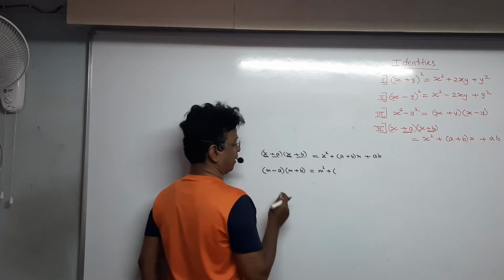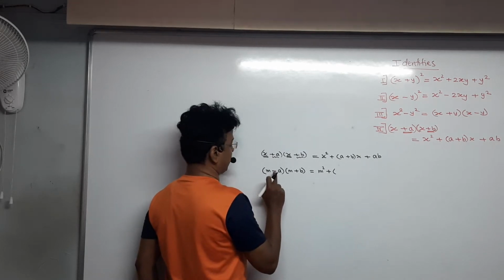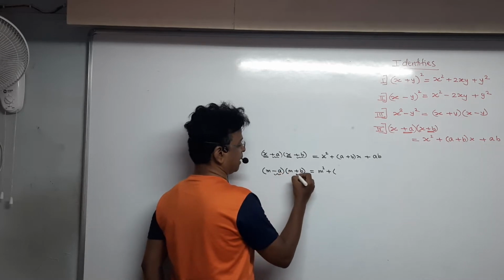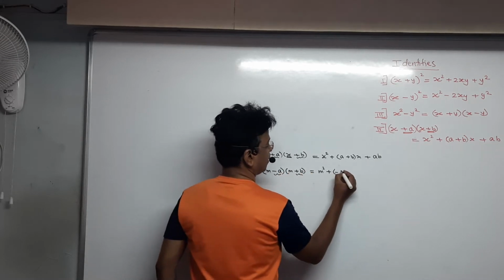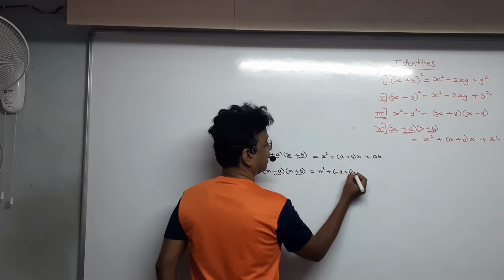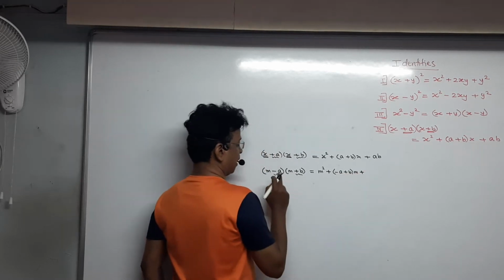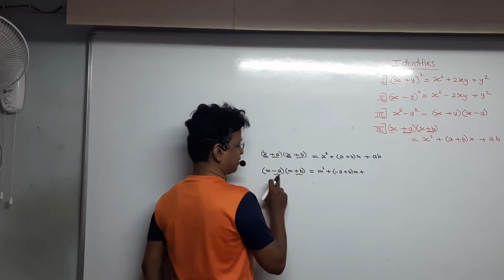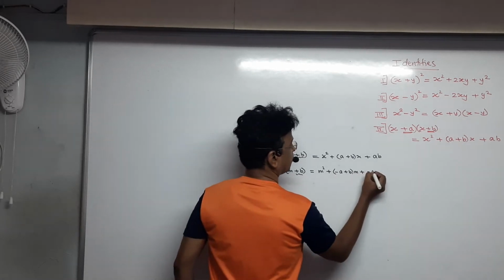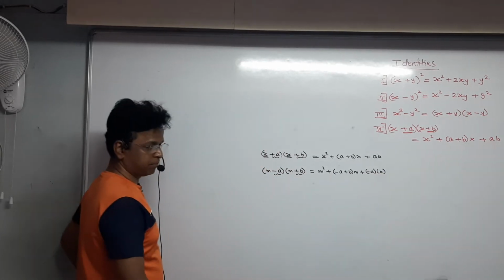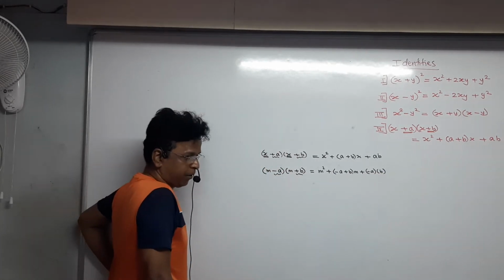In the bracket you will write minus a plus b. Whatever is there, you copy the same over there: (minus a plus b) into m, plus (minus a) into b. Are you getting my point?